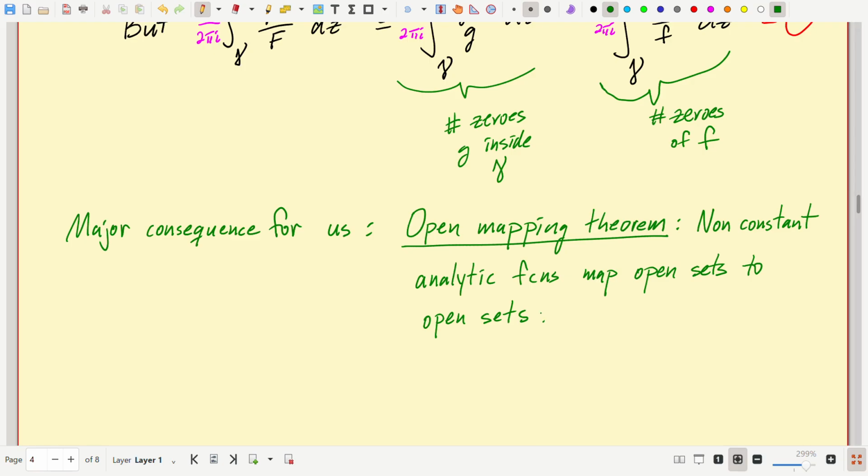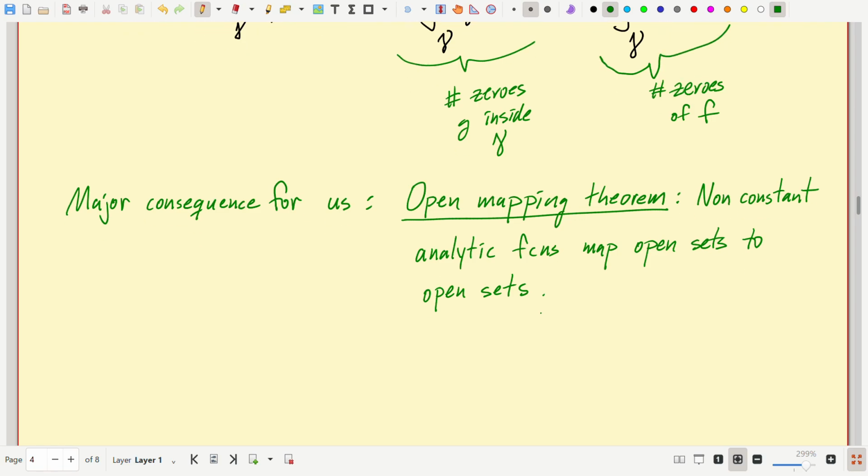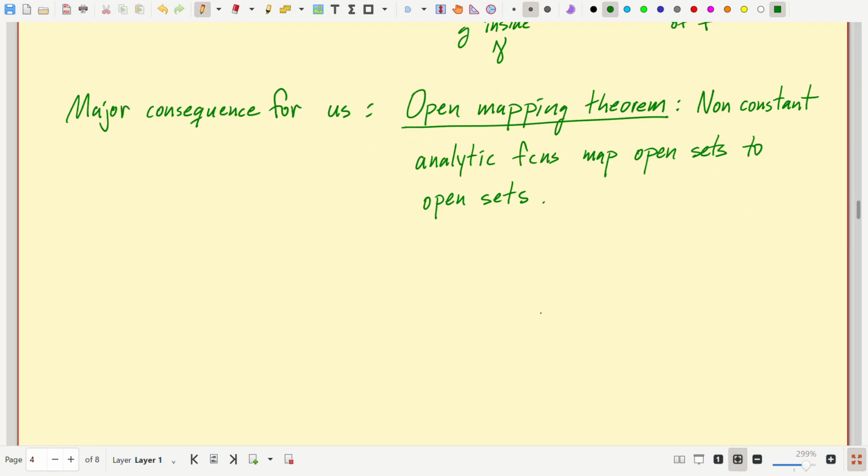That's simple. Let's think about why that's true.